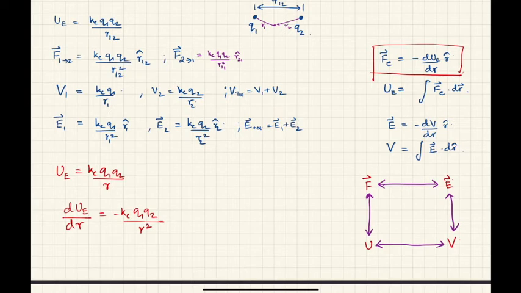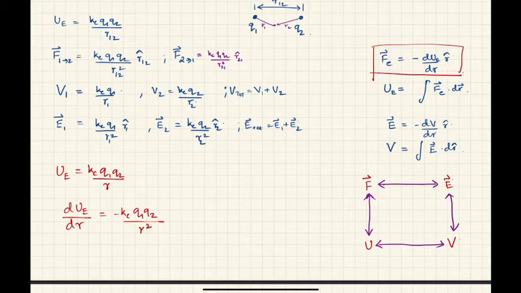Now we can put over here that if I wanted to go from force to energy, then I would apply this relation up here, right?